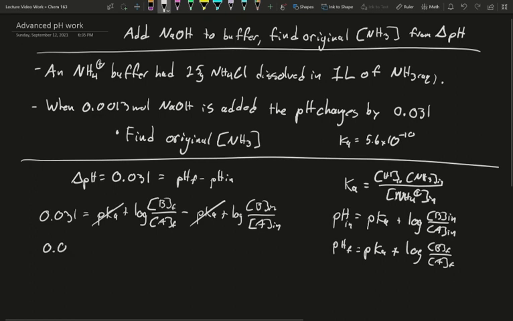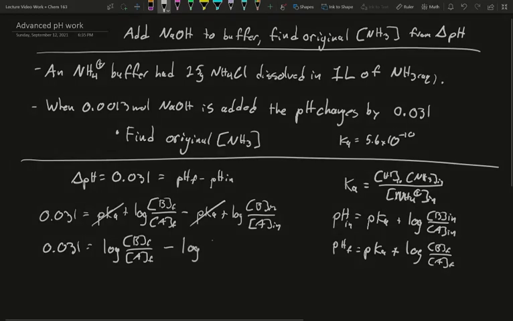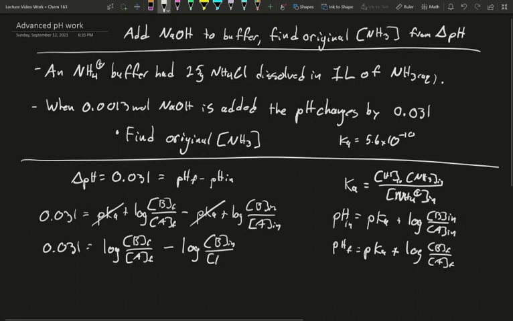And so 0.031 is going to equal the log of our final base concentration over our final acid concentration, minus the log of our initial base concentration over our initial acid concentration.